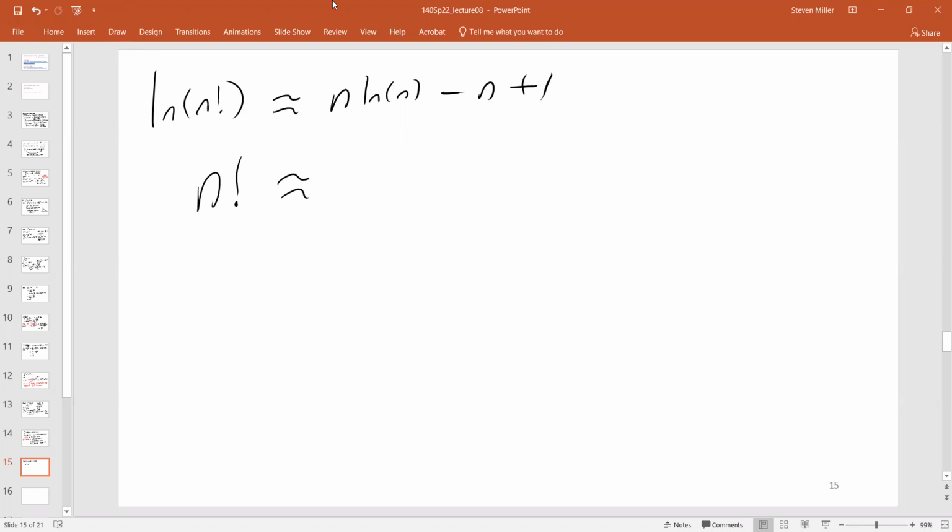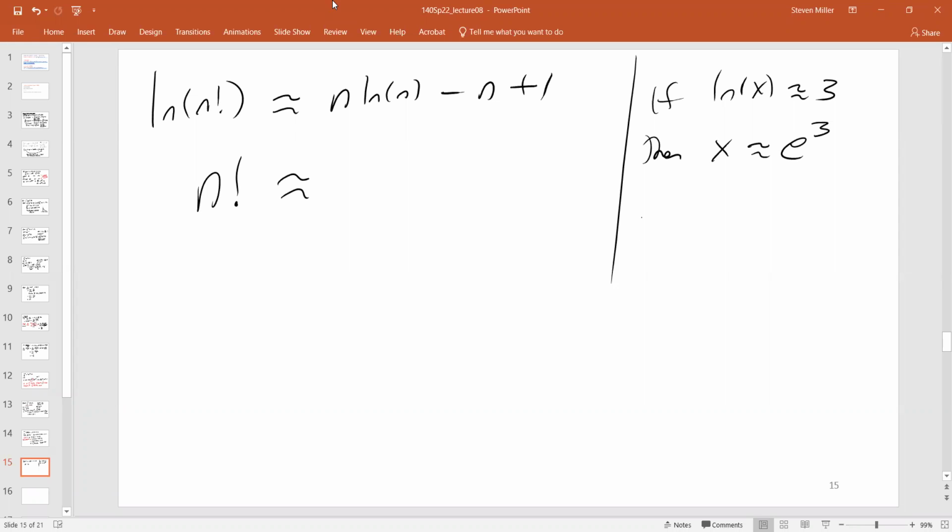So if the natural log of x is approximately 3, then x is approximately what? E to the third. Right. The natural log of e cubed is just 3.